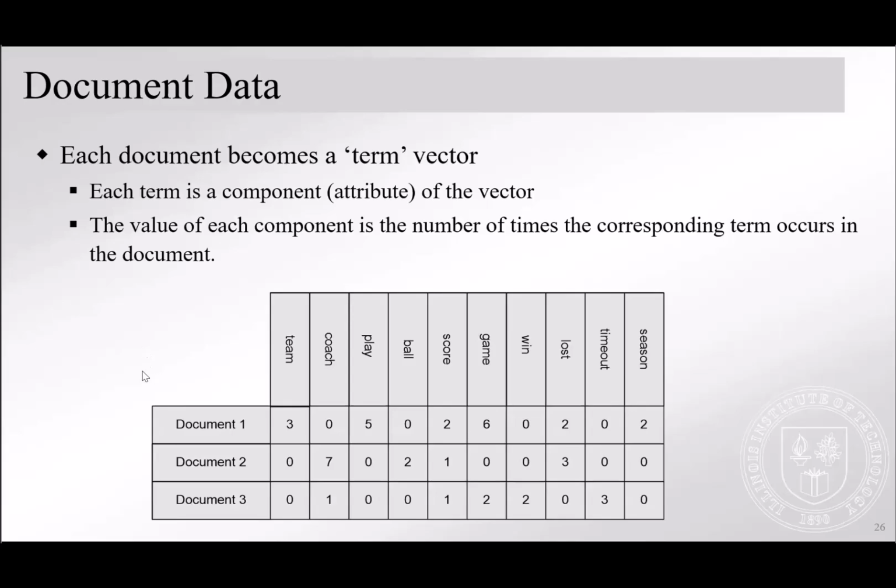So the question is, why does this matter? Why is it interesting to look at this data set? This format lets us do things like find similar documents, for example, documents that have similar word patterns. Classify, for example, emails as spam or not spam.